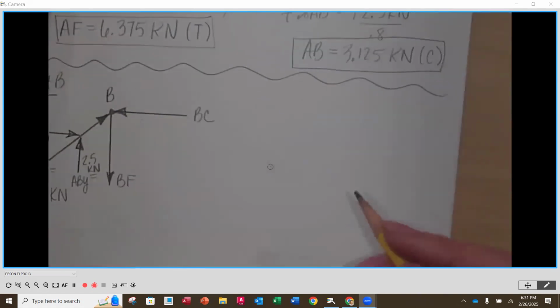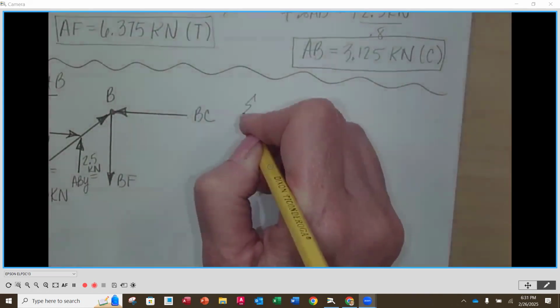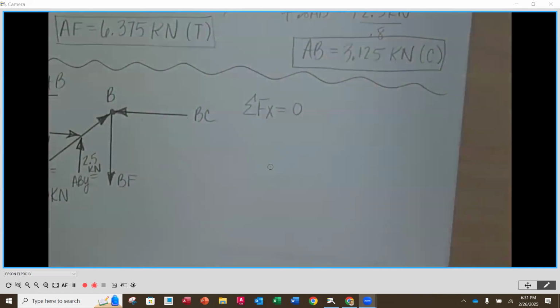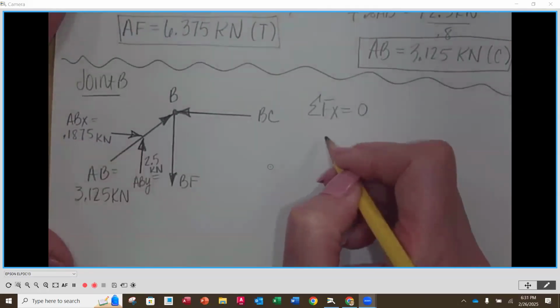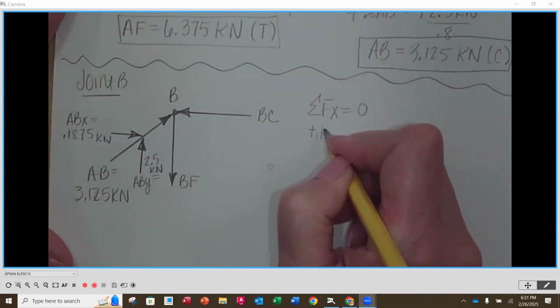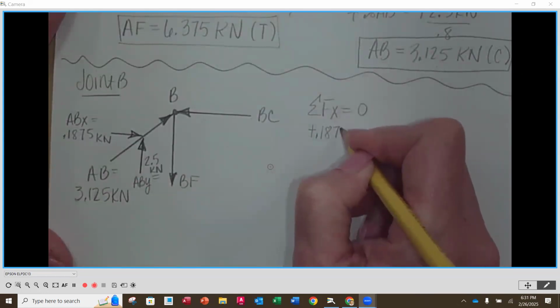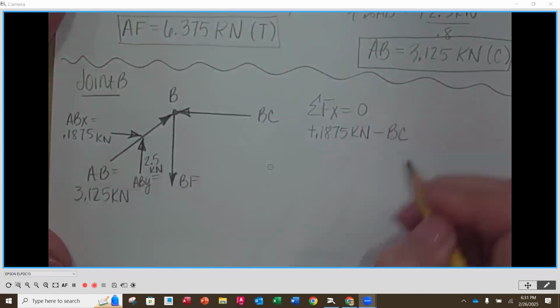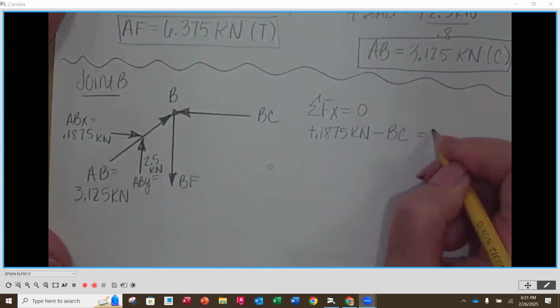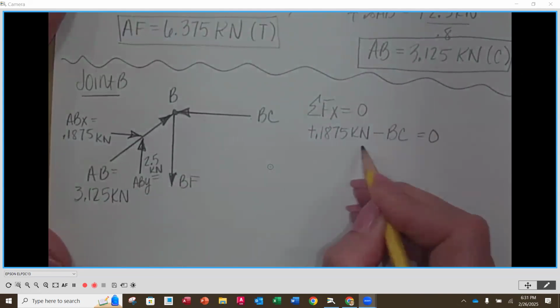So we're going to use our equations of equilibrium. We're going to sum our forces in the X equals 0. So I've got a positive 1.875 kilonewtons, and I've got a negative BC, set equal to 0.